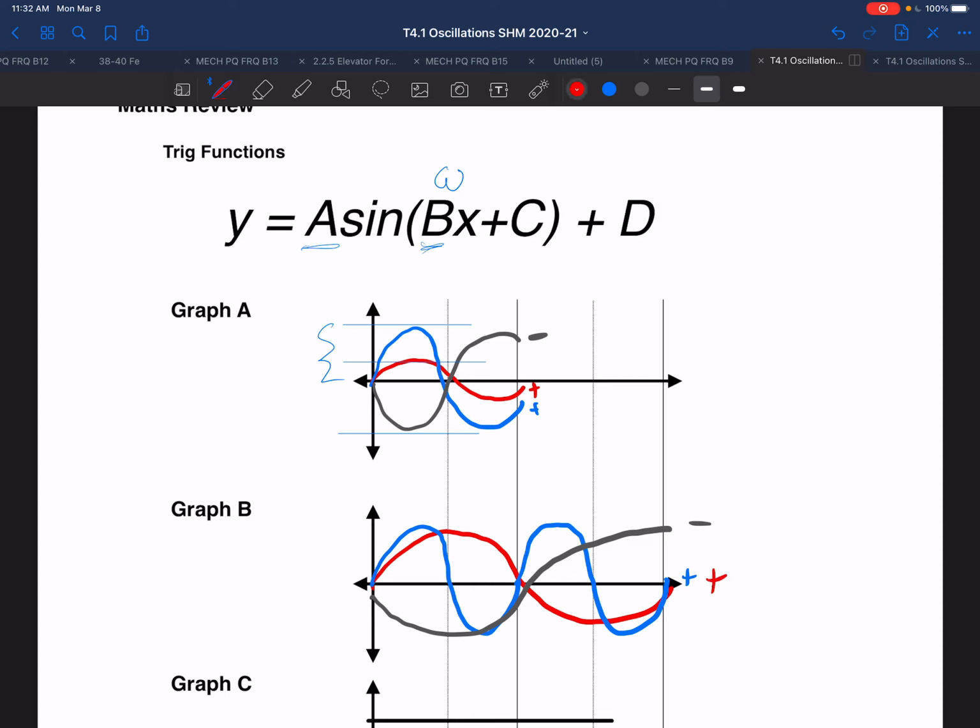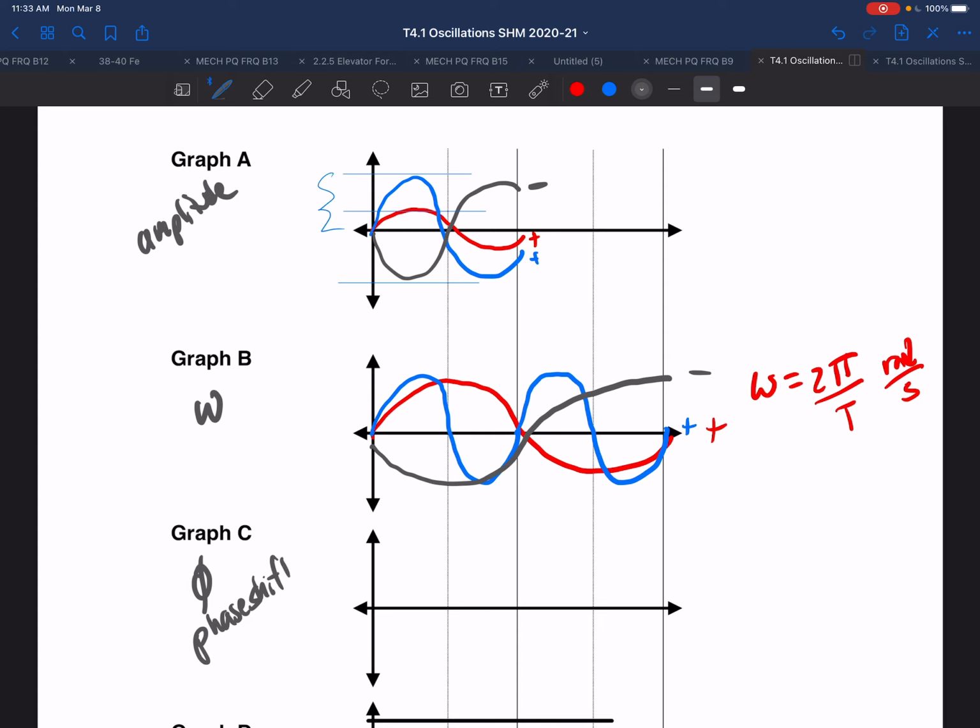C, which we call the, so let's put the names on here. We call this the amplitude. This is the omega, the frequency, and this is phi for the phase shift. We start with our generic equation, our generic function.